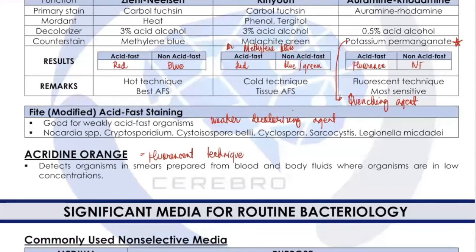Sa katunayan, ito guys yung technique na ginagamit natin sa QBC, yung quantitative buffy coat for malarial parasites. So considering its sensitivity, magandang gamitin itong acridine orange if there is a low concentration of the organism. So take note that this acridine orange can be used for the detection of bacteria and yeasts. Okay?